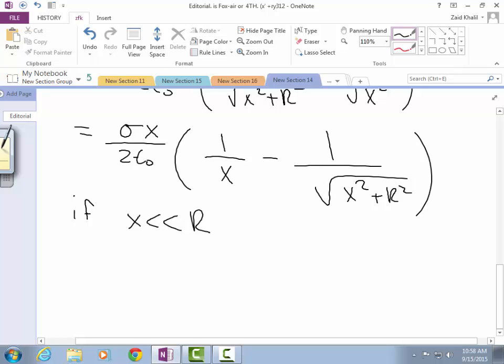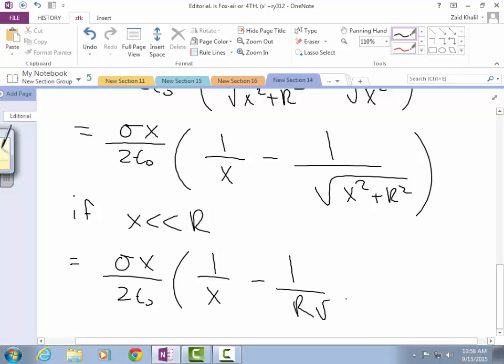So for x much less than r, what do we get? It's equal to sigma x over 2 epsilon 0, and what I'm going to do is 1 over x minus, so x much less than r, factor out a 1 over r. And what do I have? Square root of 1 plus x over r squared.